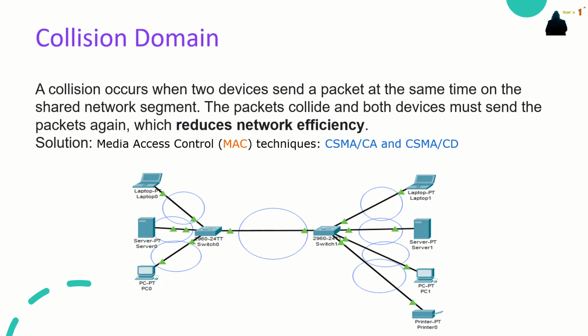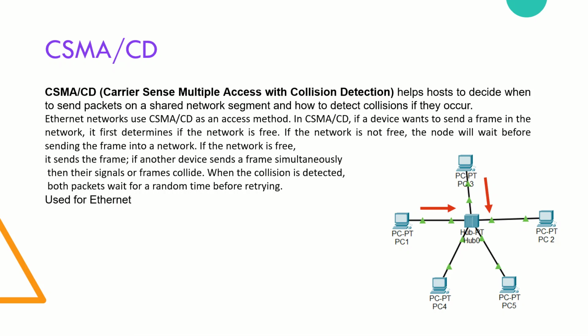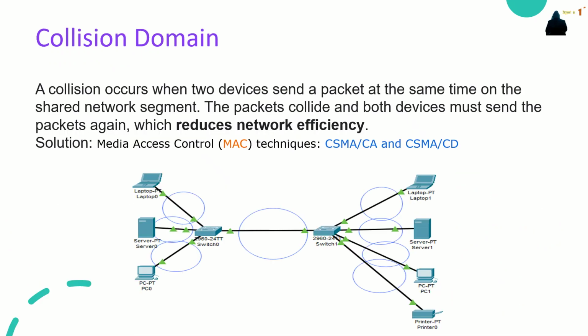For example, at the same time, PC1 and laptop 1 want to transmit data to other devices here, and this is a collision domain. The solution for collision domain, to remove collisions, is MAC, Media Access Control.